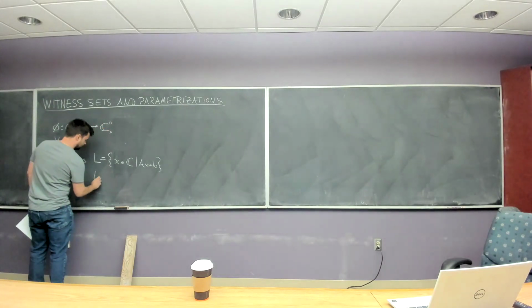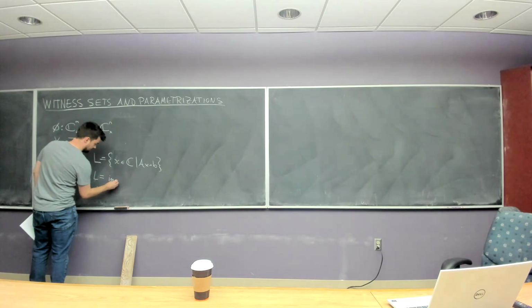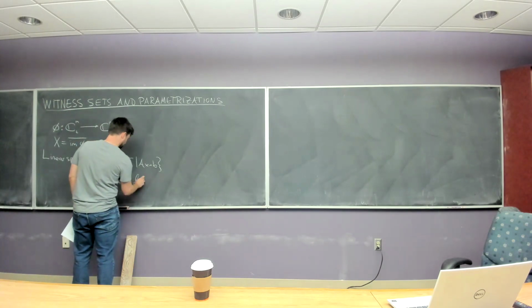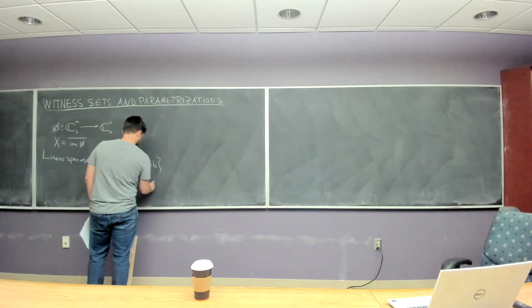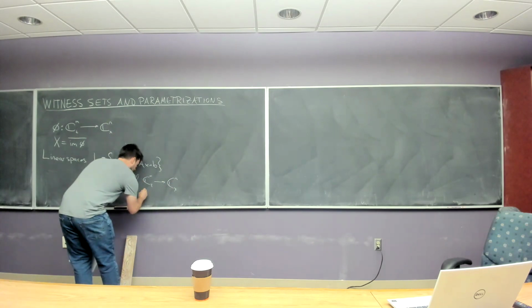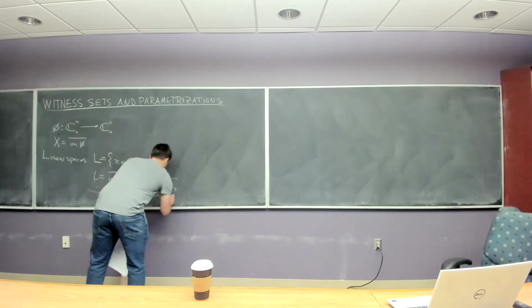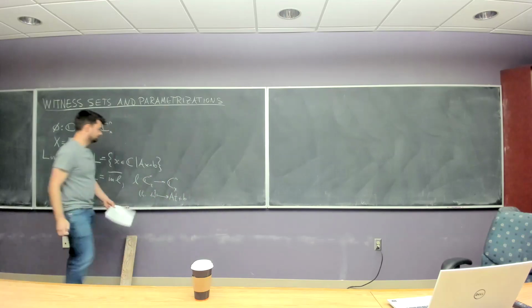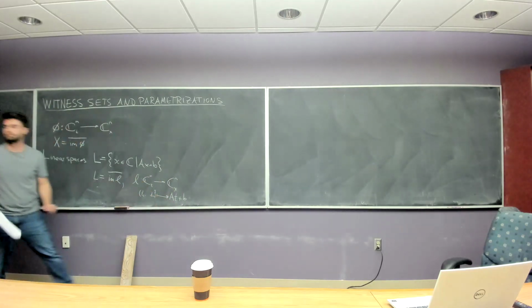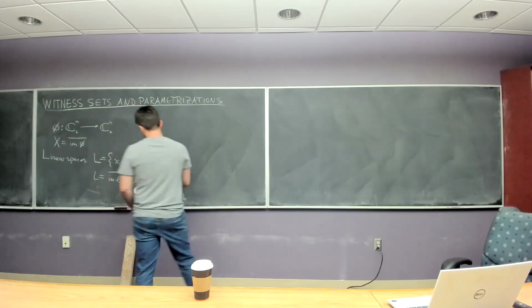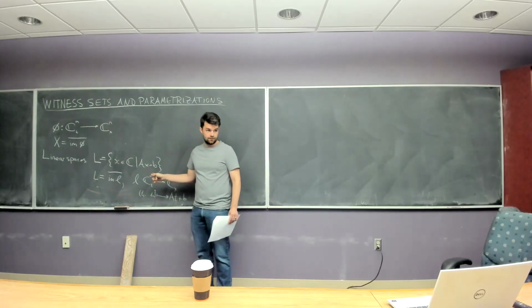That means you can also represent L as the image of a map from C^m to C^n, sending t to A transpose... but this is a different thing. The point is, here it looks like the null space of A translated by b.